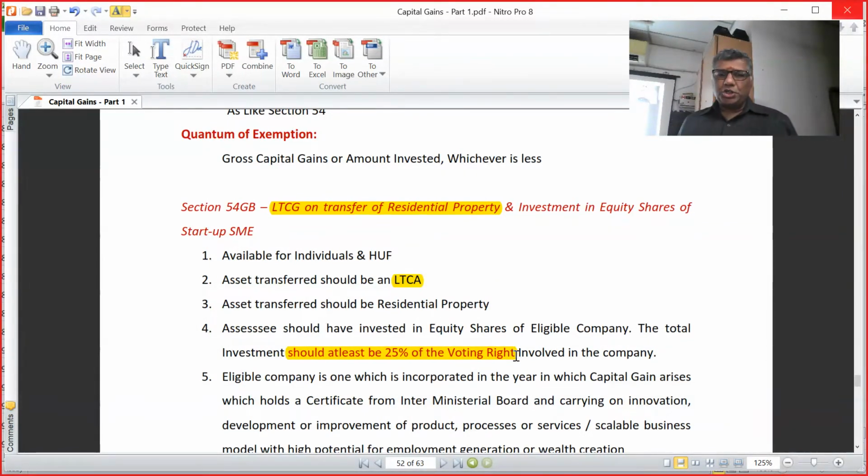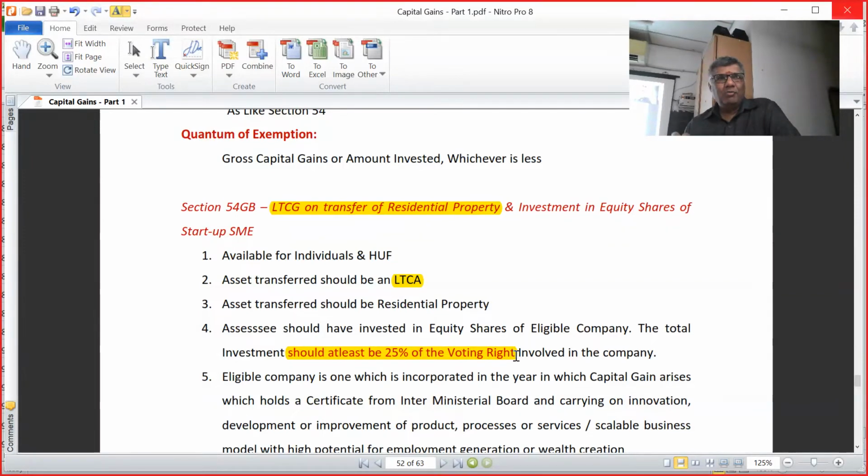You should have sold your residential house property, which is a long-term capital asset, and invested in the equity shares of an eligible company where you own at least 25%, and the law does not stop here. The company should in turn invest that money in assets, plant and machinery, etc.